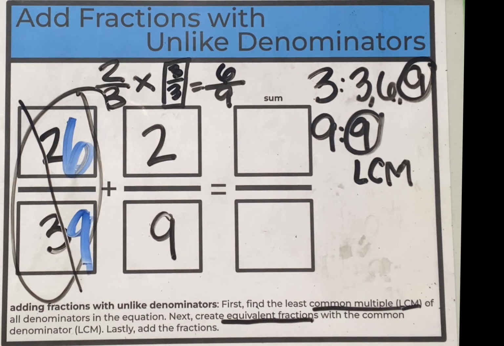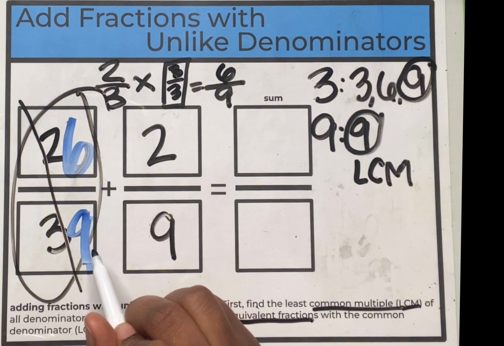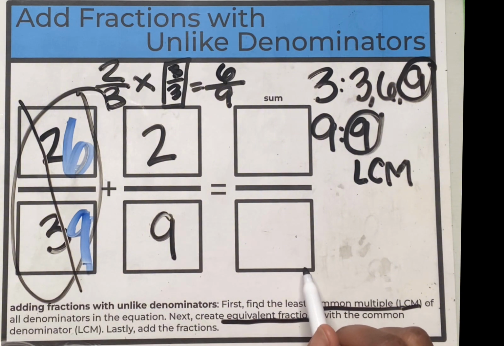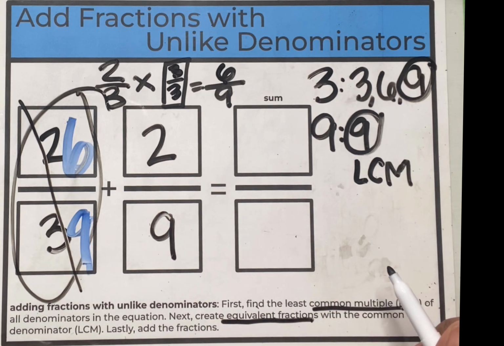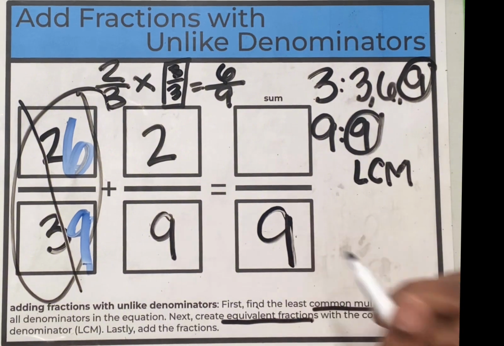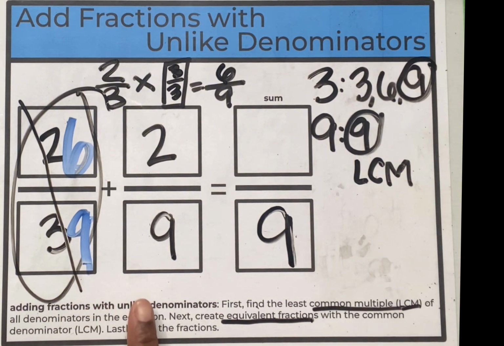Now we have our new fraction. Since we have 9 parts here, our denominators are the same. Let's go ahead and add. Are we supposed to add these? Do we add the denominators, or are we going to go from 9 parts to 18 parts? No. Excellent. No. These parts stay.